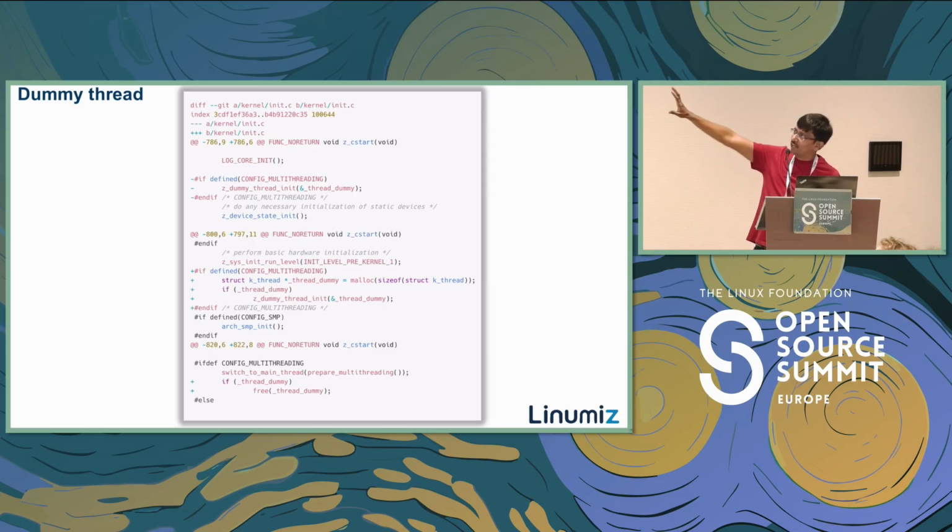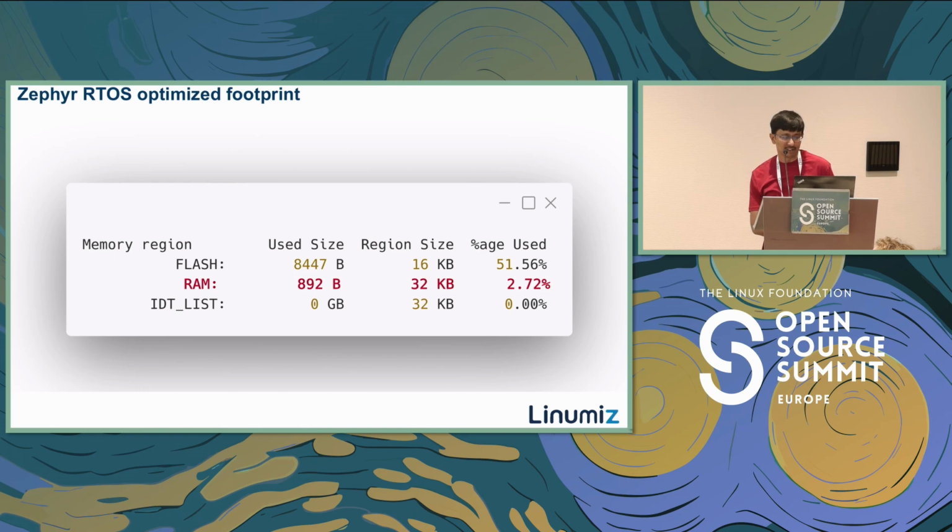We could move the whole PRE_KERNEL a little above, but then there is a conflict in terms of device initialization on top as well. So this is the best placeholder. You can create a memory and then free it, so that we can save the 112 bytes of that dummy thread structure. That's how we get rid of, or reduce, the 112 bytes of the dummy thread.